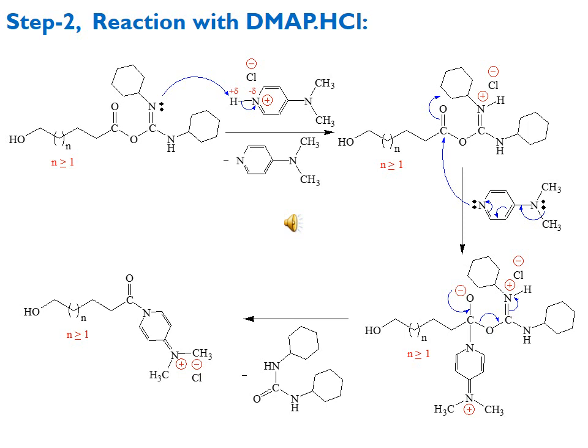Then this nitrogen is going to attack the carbonyl carbon of the ester linkage, and the carbon-oxygen double bond is broken into a single bond, and oxygen gets the negative charge.